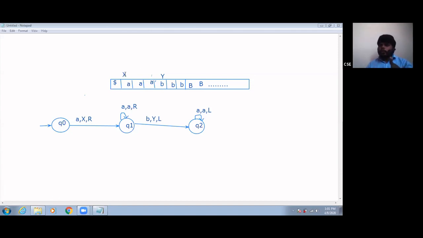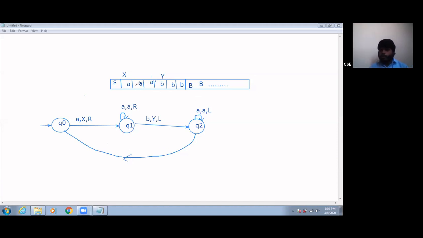So whenever an X is encountered, you need to give the transition. Here you are going again to Q0.